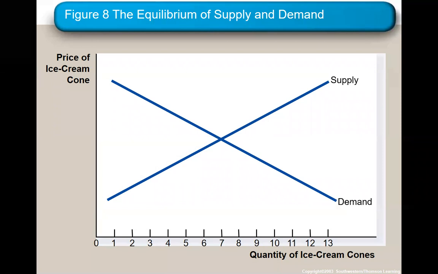Law of supply, direct correlation. Input prices, I've been calling resources, they're the same thing. Wages as an example, oil as an example. Every cost to make a product is an input price.